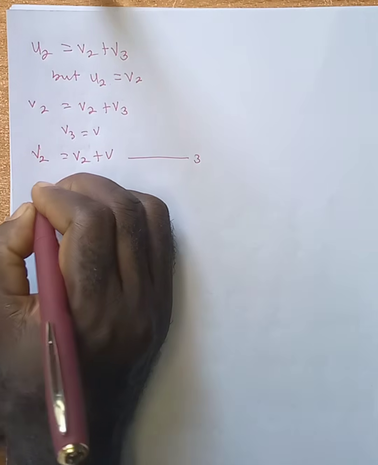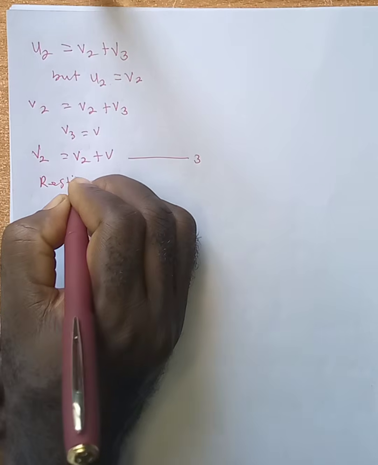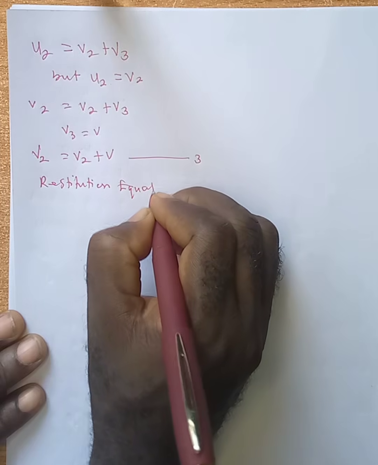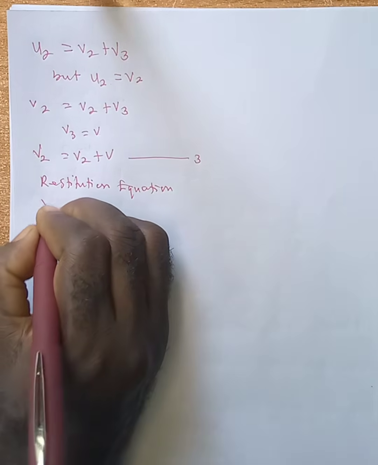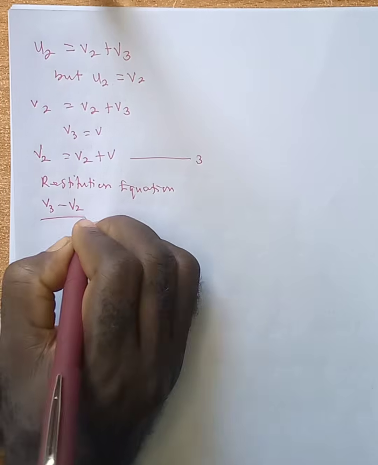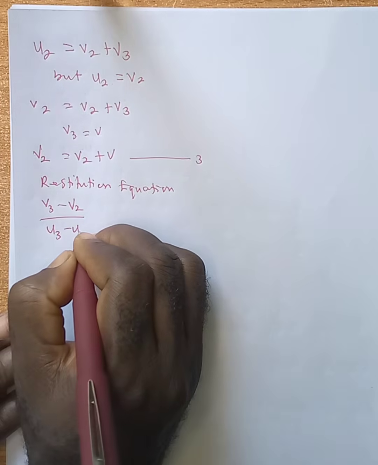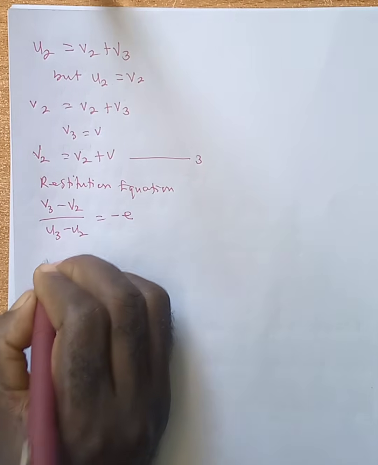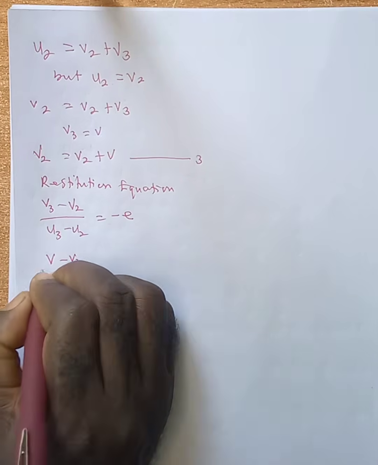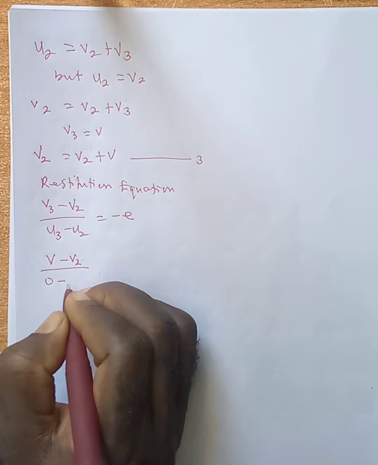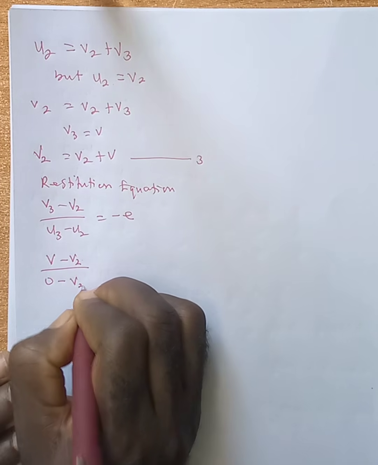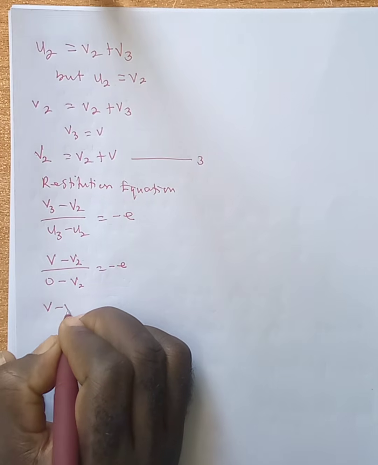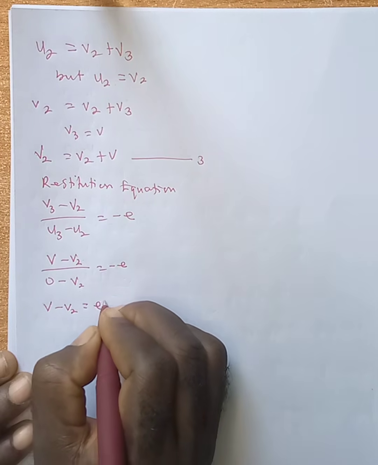Then let us write our restitution equation, which says that v3 minus v2 over u3 minus u2 is equal to minus e. When we substitute, v3 is v, minus v2, over u3 is 0 minus u2, which is v2, is equal to minus e. When we evaluate, we have v minus v2 is equal to ev2.